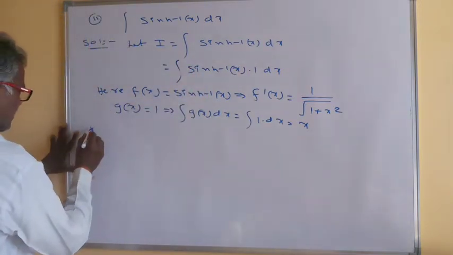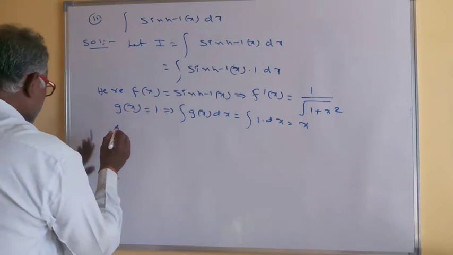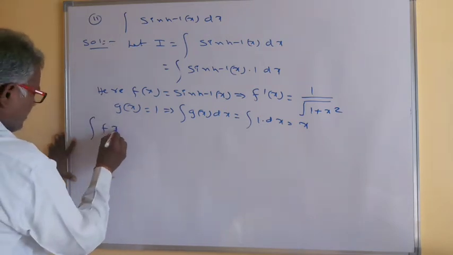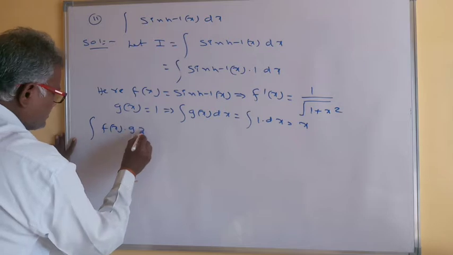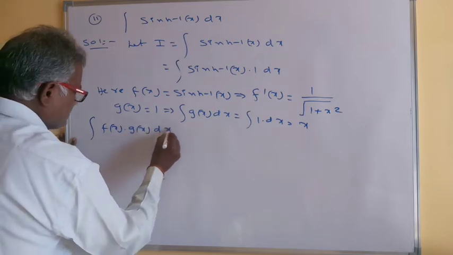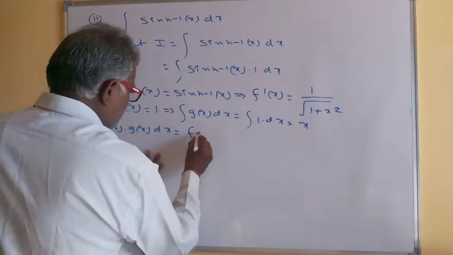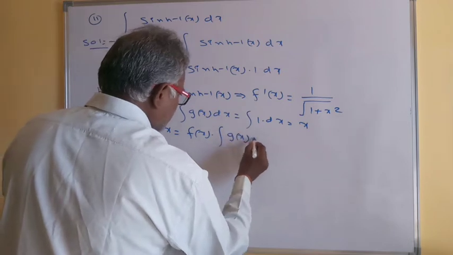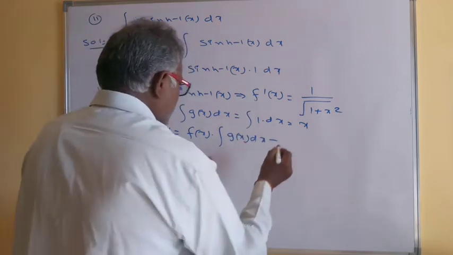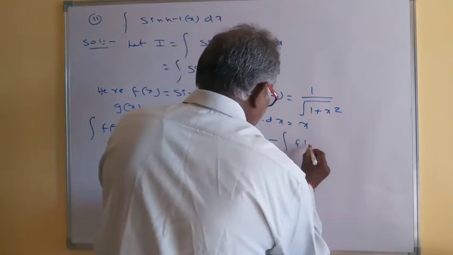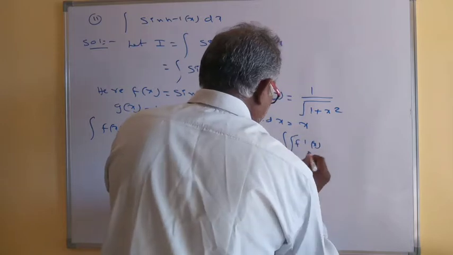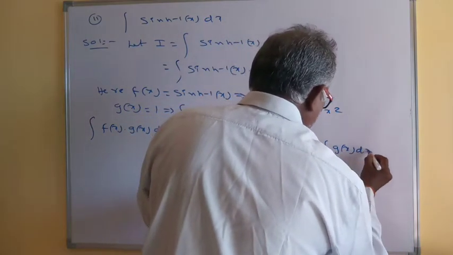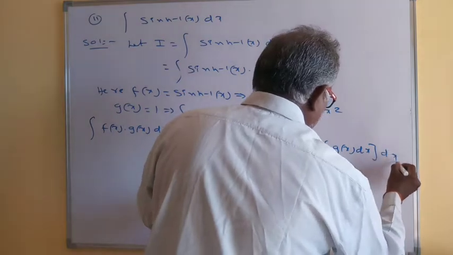So now by parts formula. What is the by parts formula? Integral f of x into g of x dx is equal to first function into integral of second function, minus integral of first function derivative into integral of second function with respect to x.